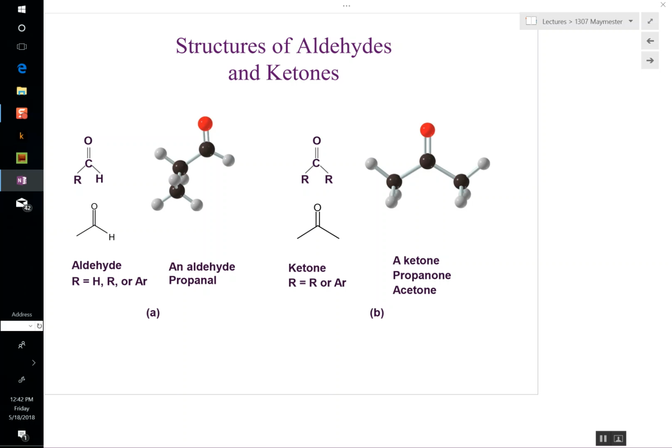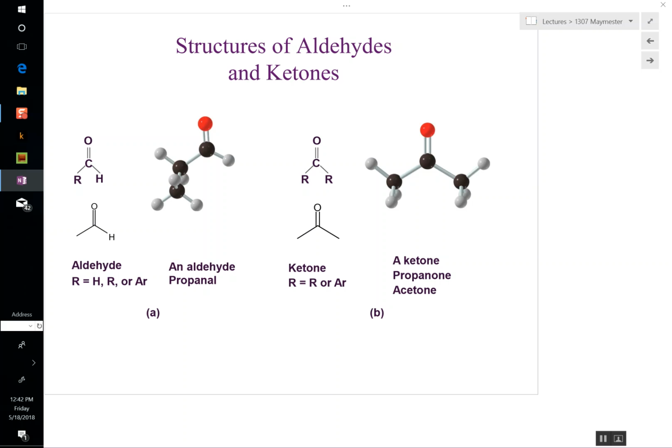So propane, propene, propanol, propanal, those are all different compounds, right? It's not just a minor spelling error, it's the wrong compound. So be careful with your spelling and make sure I can tell the difference between an A and an L and an O.